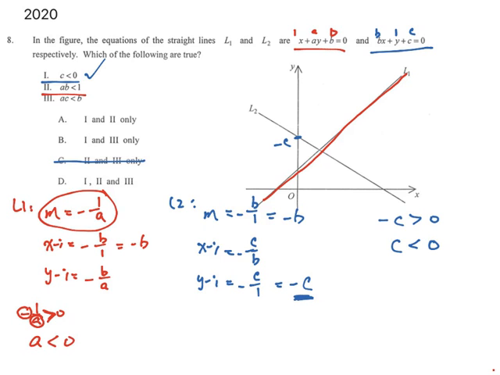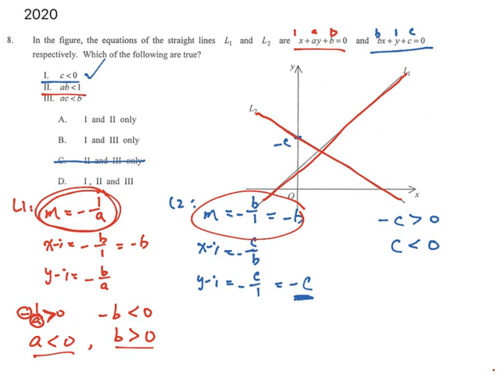For line 2, the slope is going downward, decreasing, so negative B is less than 0. When we divide by the negative, it switches, so B is bigger than 0. So we have these two pieces of information: A less than 0, B bigger than 0. Then we can compare the slopes.